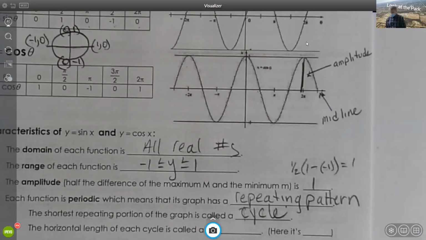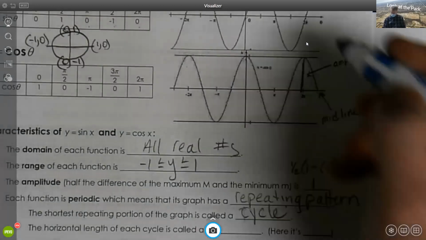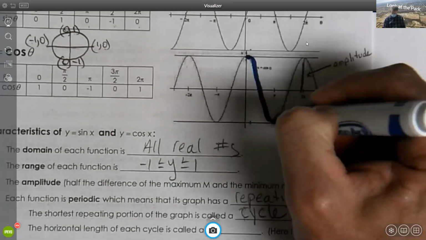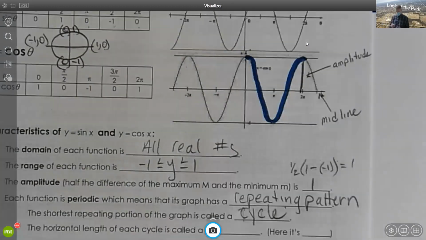Here is a cycle. For the cosine graph, we typically highlight from 0 up to 2 pi. Notice that cosine is 1. It's all the x values on the unit circle.